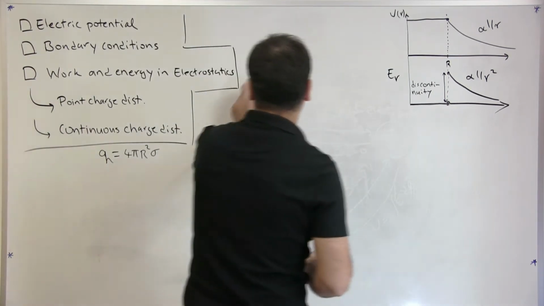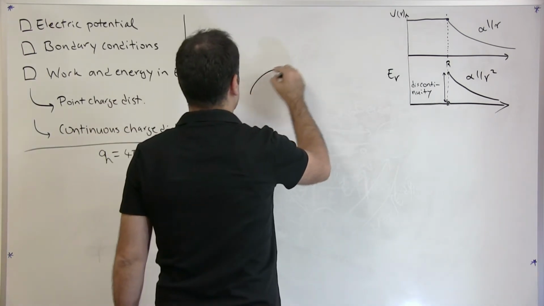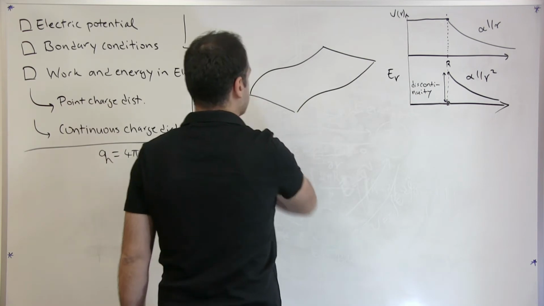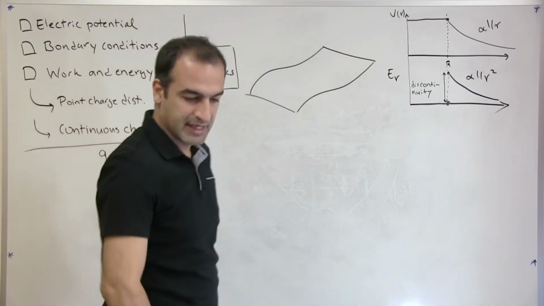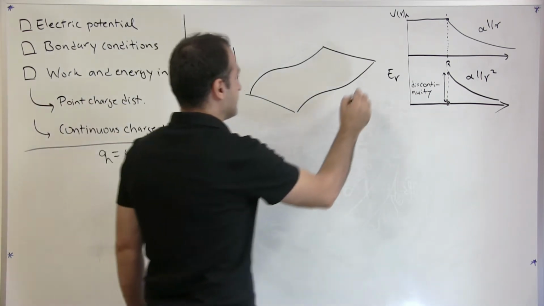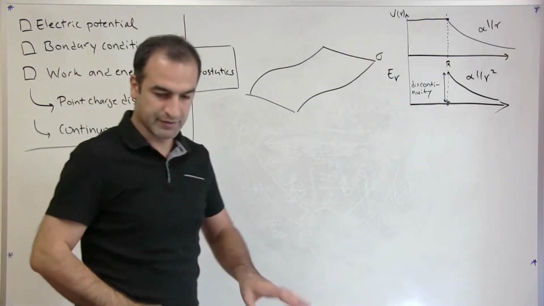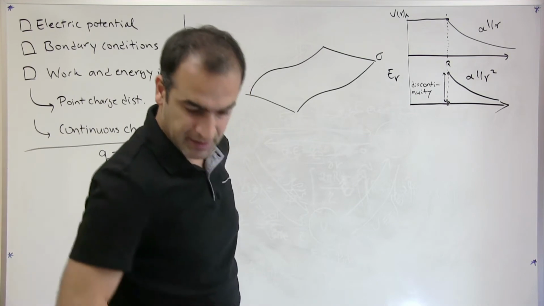So let me just draw some random curvature surface here. And let's imagine it has surface charge density of sigma, which does not need to be uniform, for the sake of our discussion. We can keep it general.